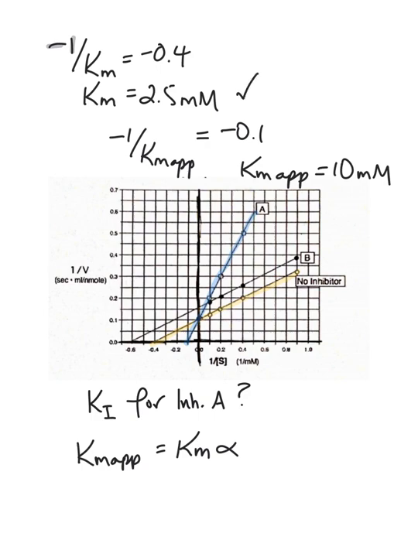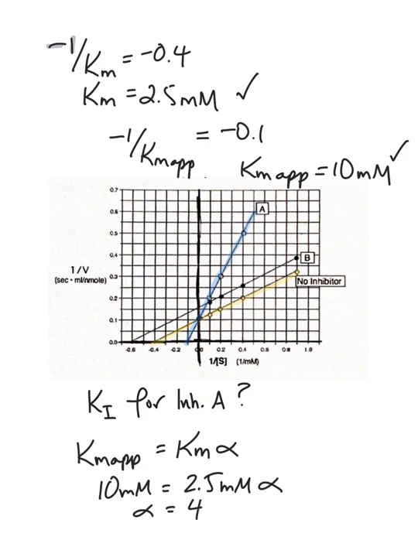You see that here, and you see that here. And so you could recall that in this case, Km apparent equals Km times alpha. So your Km apparent is 10 millimolar. Your original Km is 2.5 millimolar. And you can solve for alpha, which is going to be 4.